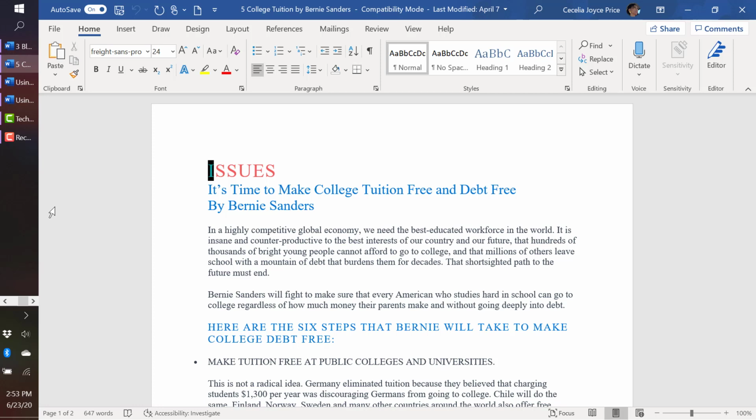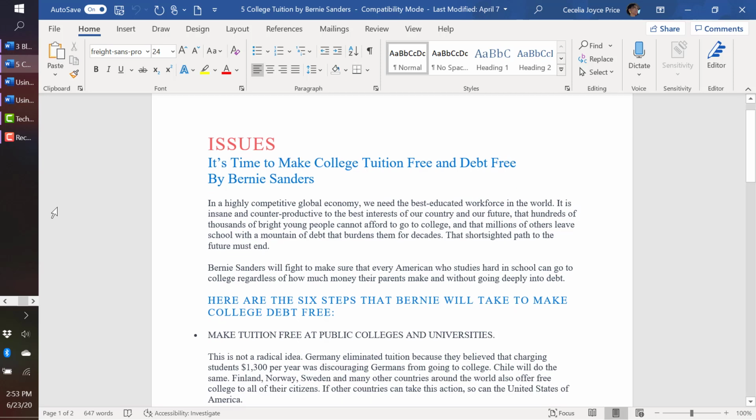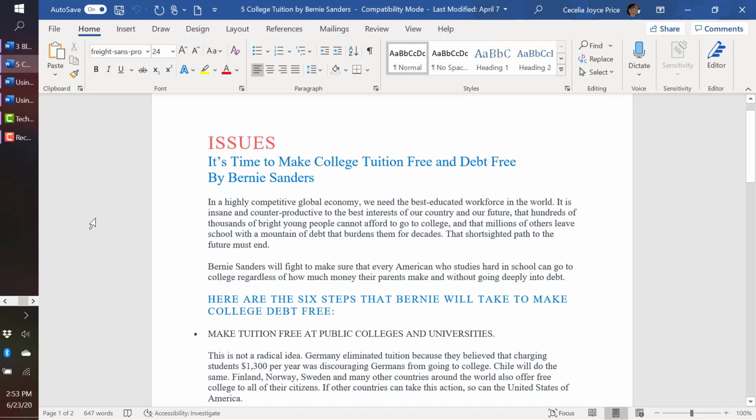Okay, so before we do that, let's get a little acquainted with our topic, this issue of it's time to make college tuition free and debt free by Bernie Sanders. In this highly global, competitive global economy, we need the best educated workforce in the world.